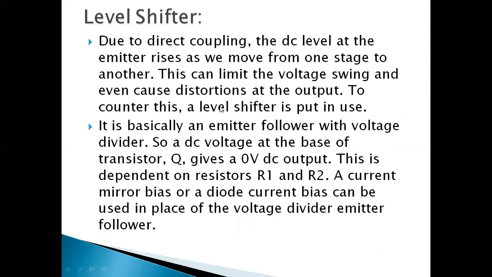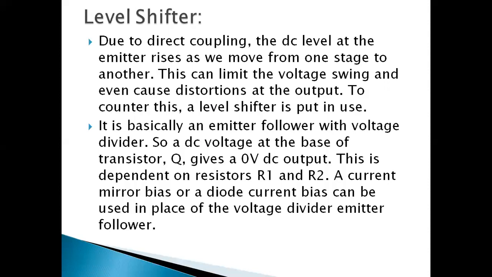Next one is the level shifter, as we have already discussed in the op-amp block diagram. Due to direct coupling of a number of differential amplifiers, that means we are coupling them directly without using any coupling elements, the DC level increases stage by stage. This can limit the voltage swing, or lead to distortion at the output.